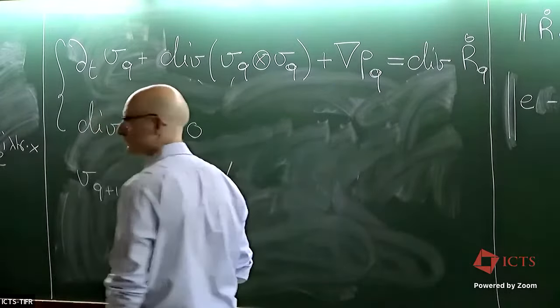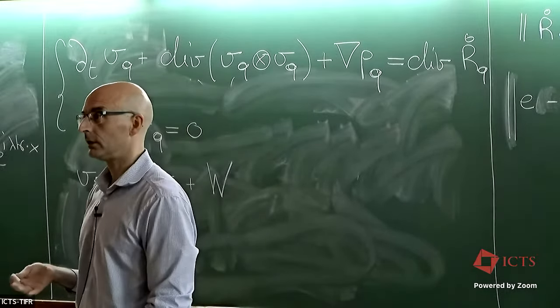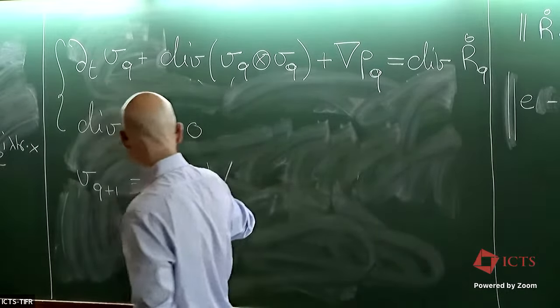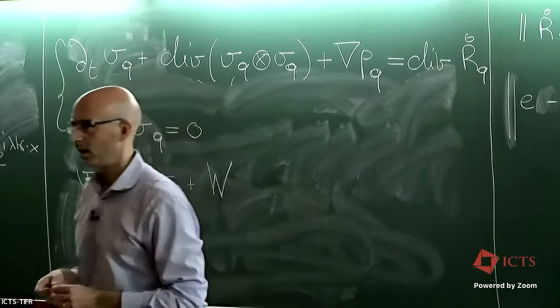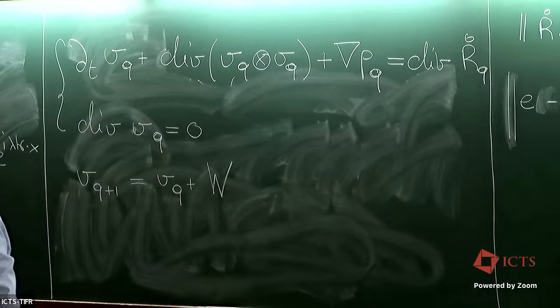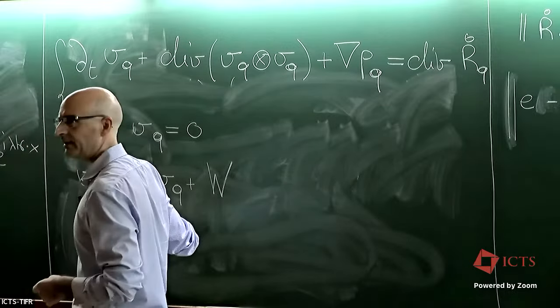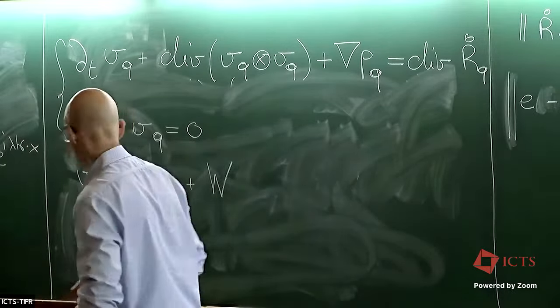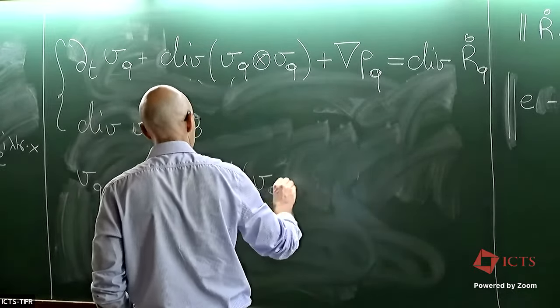So there will be some master function, big W, which I will try to cook up. And you have to think of this master function, big W, like in the Nash iteration, it's telling you I have to take cosines of something, sine of something, multiplied by some other function, which is going to depend on the previous iterate in a certain particular way, okay? So I want ideally to produce something which depends on VQ.